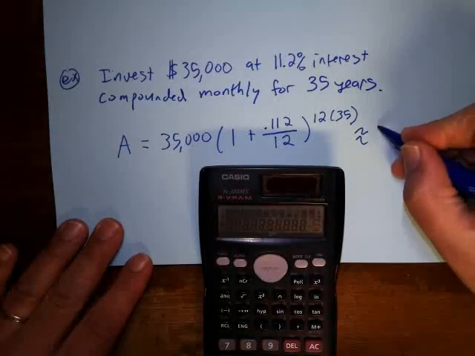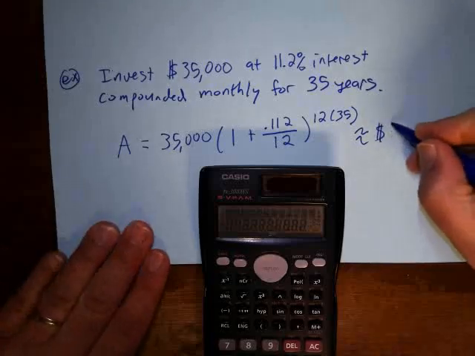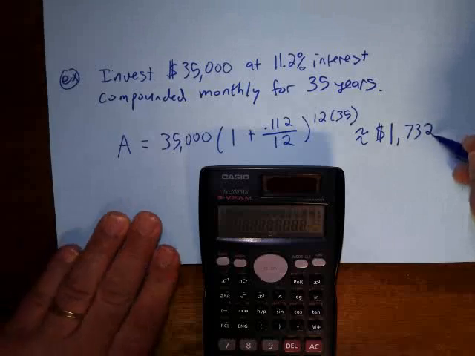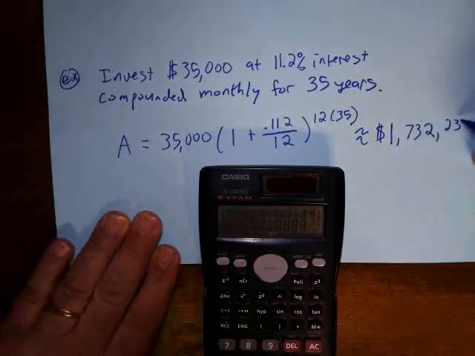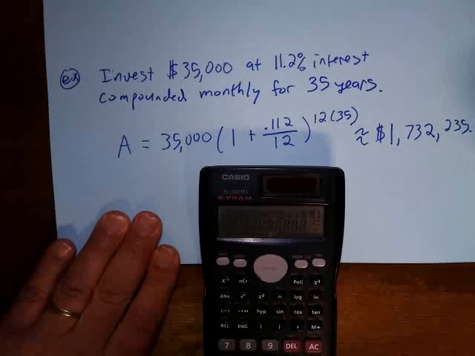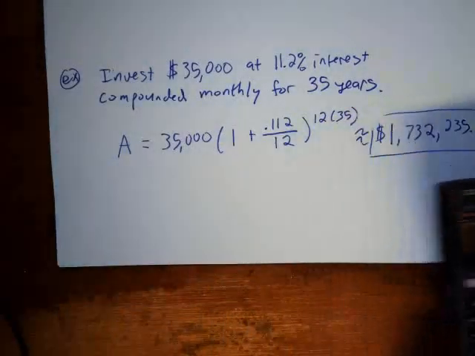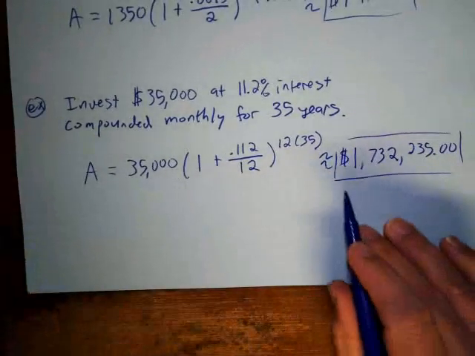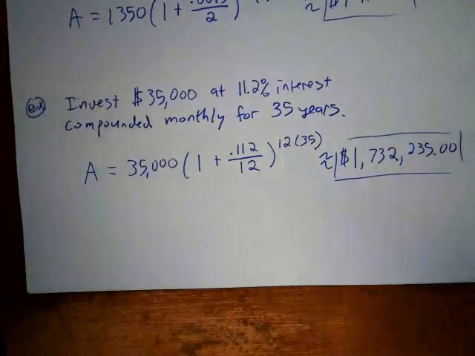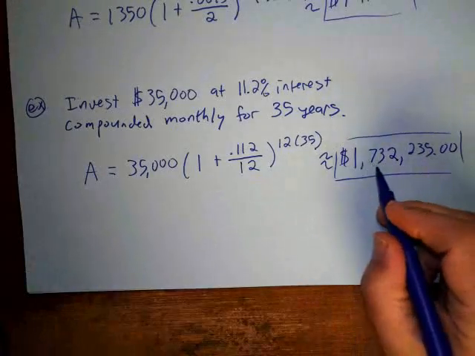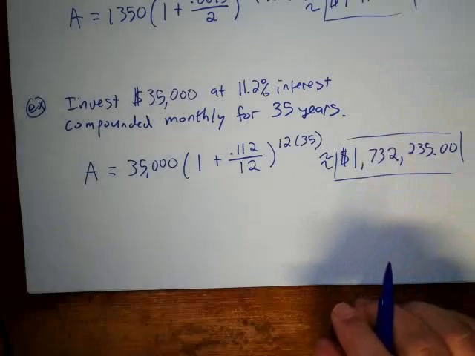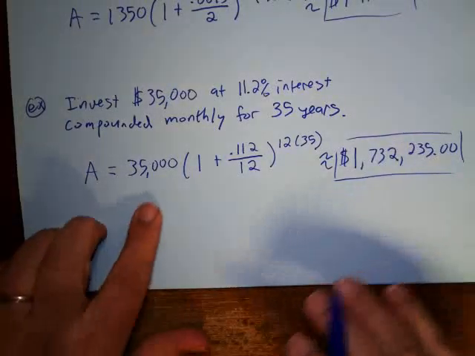And wow, it is worth $1,732,235.0. Wow, talk about a nice return on your money. I invested $35,000. I get over $1,732,000. Okay, so let's talk about this just for a second.